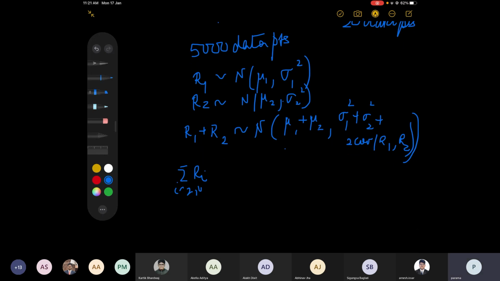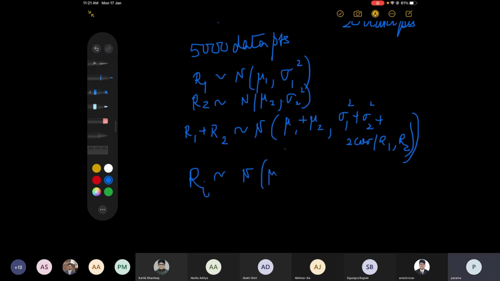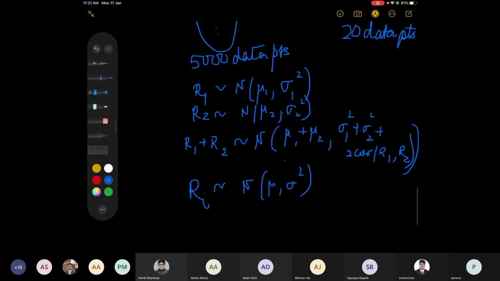So if I basically say all my Ri's follow the same distribution mu and sigma square, which I've got from the entire 5,000 data points estimate, then I can say summation of Ri follows a normal distribution with 5,000 mu, right, and 5,000 sigma square.